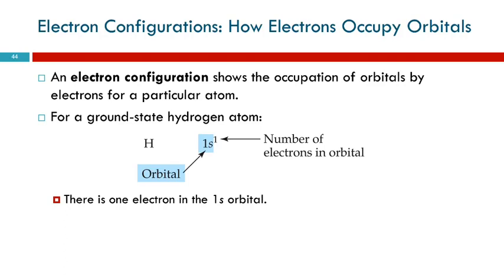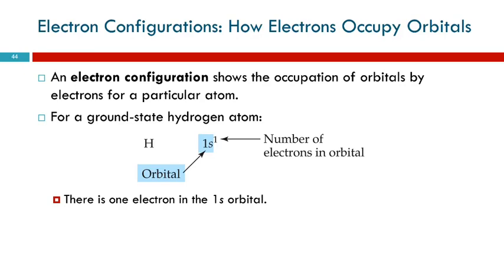If we look at the ground state hydrogen atom, so the hydrogen atom in its lowest energy state, it's not excited at all. Hydrogen atoms have one electron. That one electron is going to be in the lowest energy orbital. So that's going to be in the n equals 1 principal level.